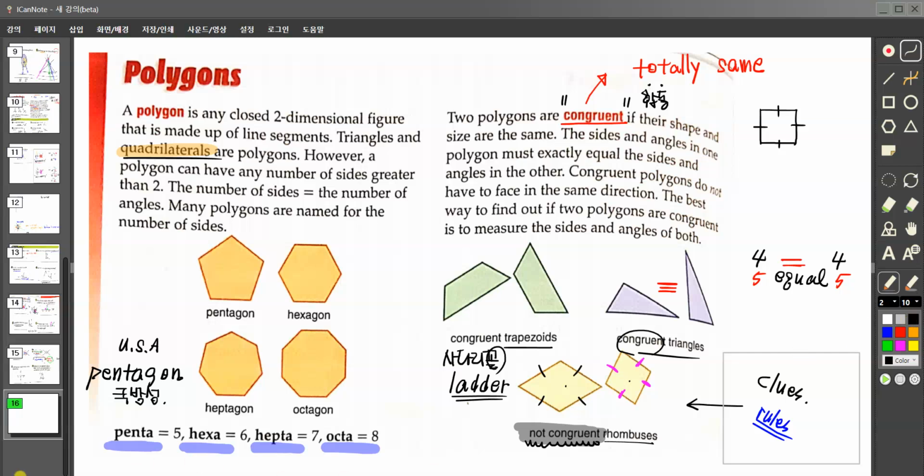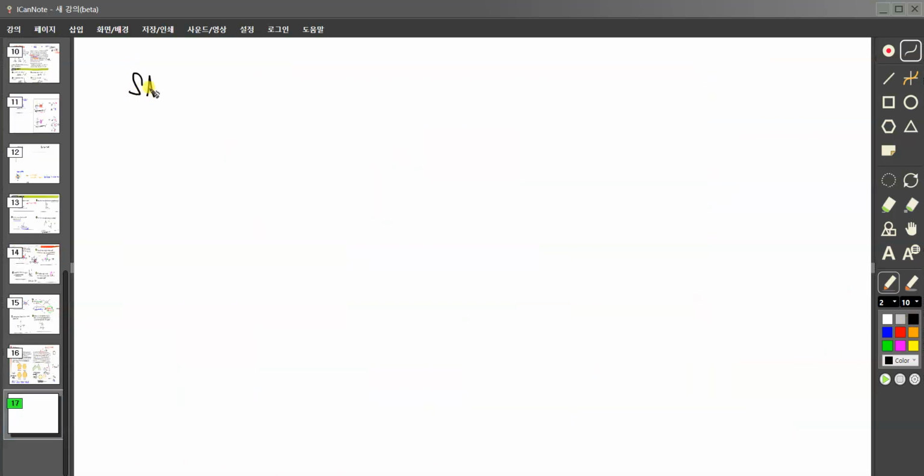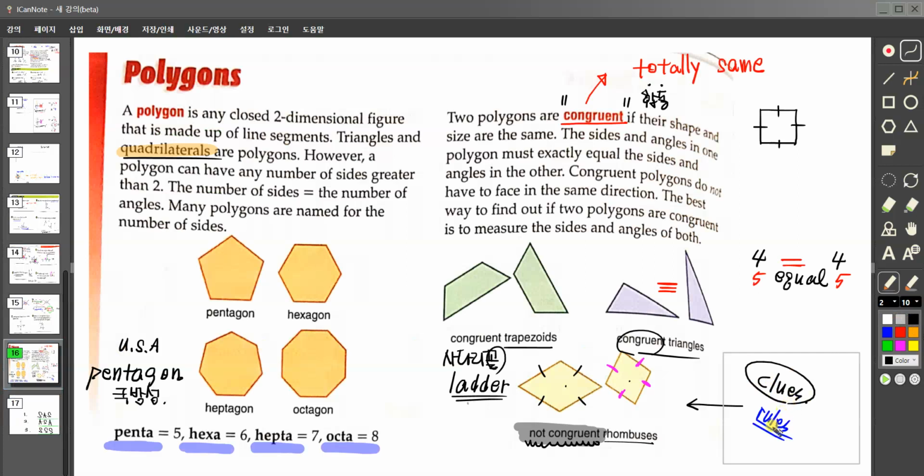Have you ever heard about SAS, ASA, or SSS? No. This is a list of clues. Just clues. Only 3. Only these 3 clues can be clues. People can accept.